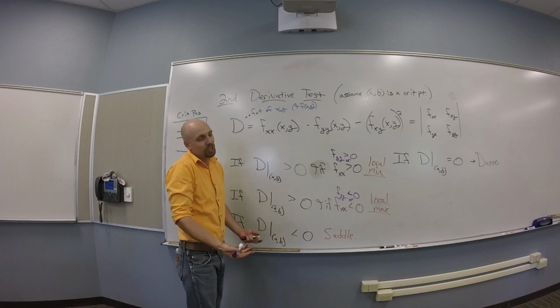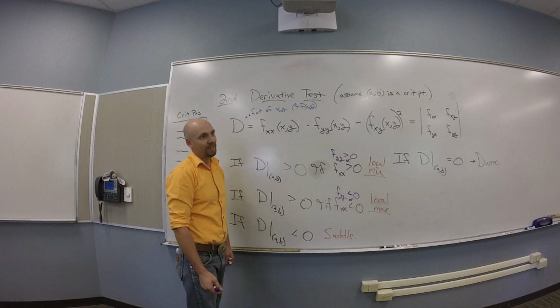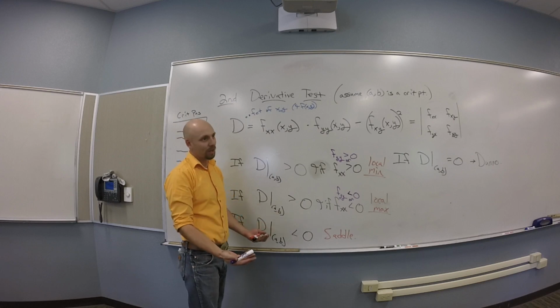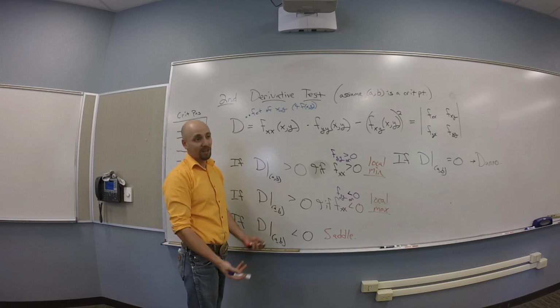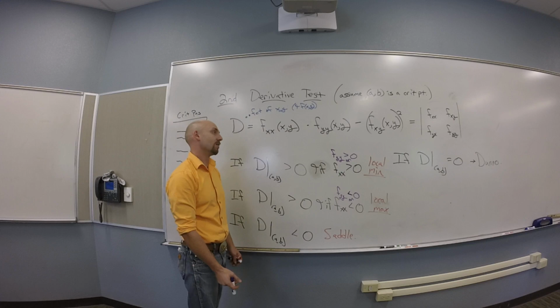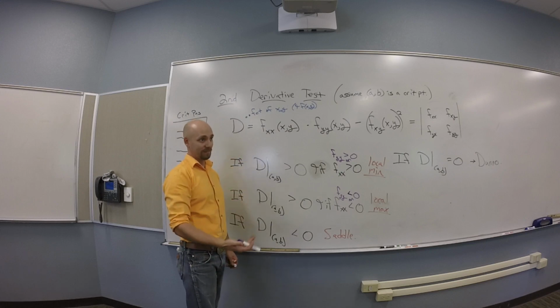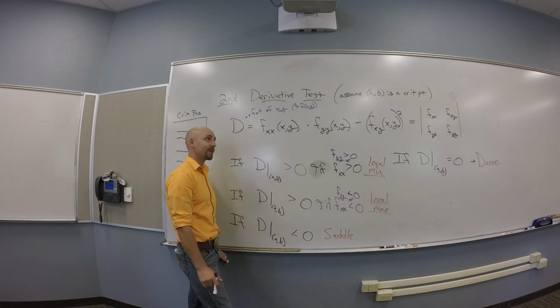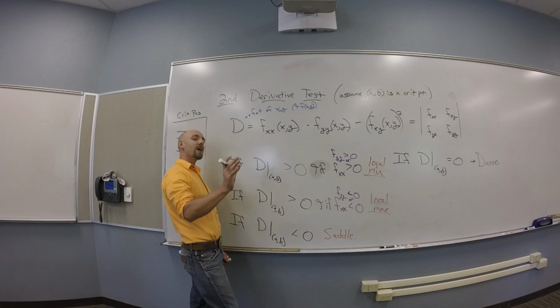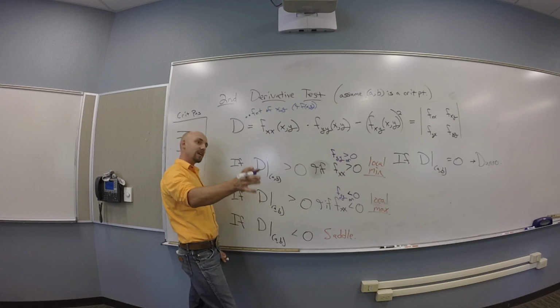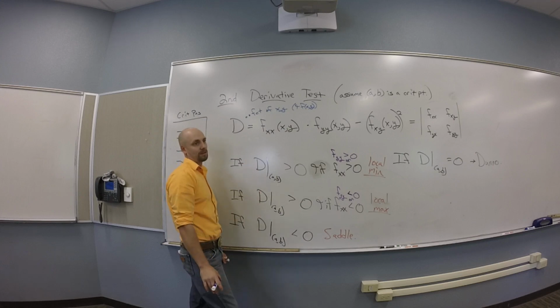Because lots of things aren't a local max or a min. If you pull a point out of the plane, with probability 1, it's probably, well, given a reasonable function, no, this is a terrible statement. I can't say this with any degree of certainty. If you have a nice function and you pull a random point out of the plane, it's probably not anything.